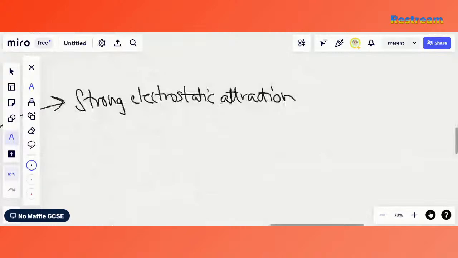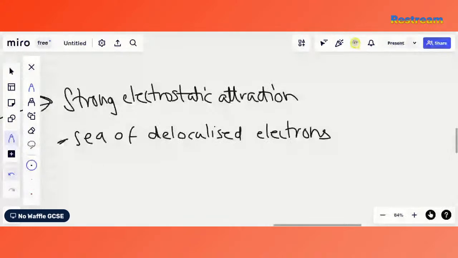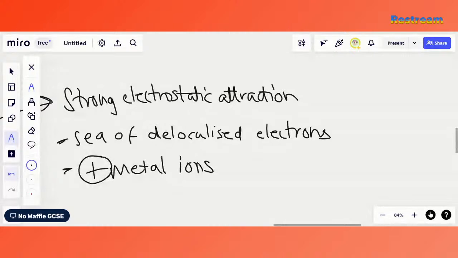So metallic bonding is a strong electrostatic attraction between the sea of delocalized electrons and the positive metal ions, because we know that metals form positive ions and then also have delocalized electrons, and this then creates a metallic bond.